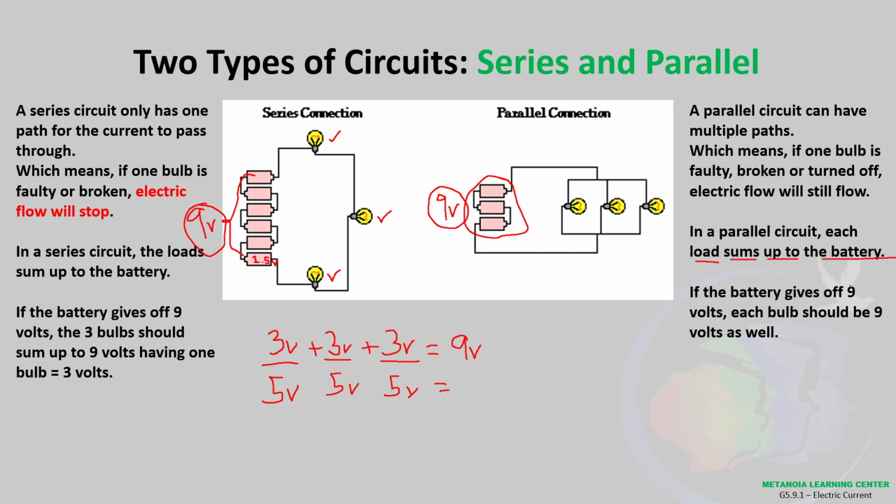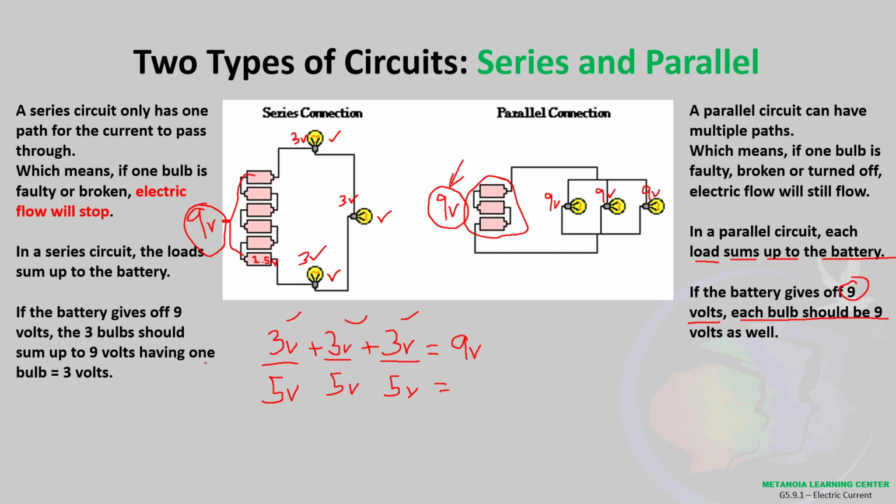If the battery gives off 9 volts, each bulb should be 9 volts as well. So kung kanina sa series, dapat the light bulbs should have a total equivalent to the battery source. Dito naman, kada isang bulb should give us an equivalent of the same power source. Okay? So dito kasi 3 volts lang tayo.